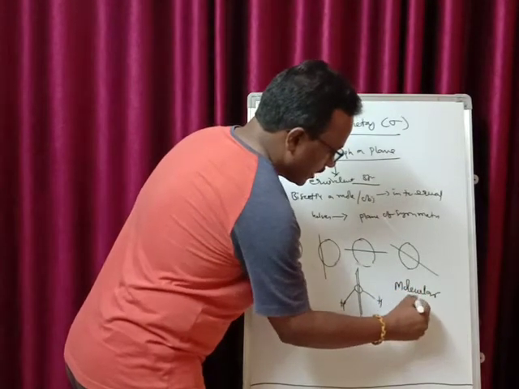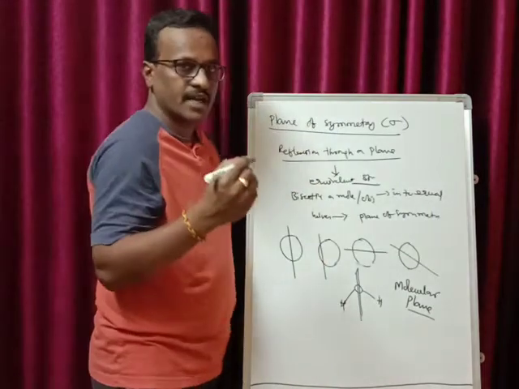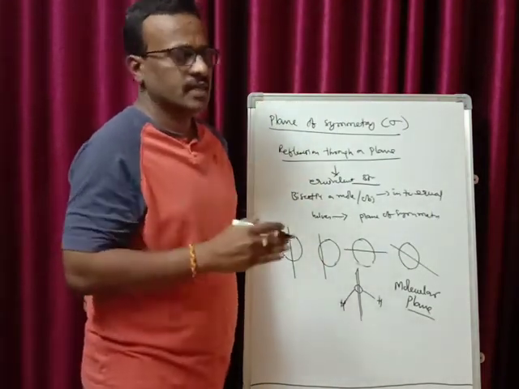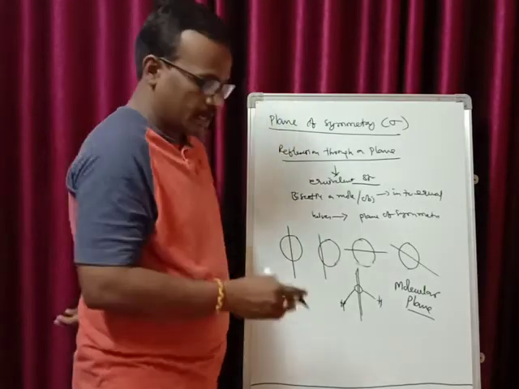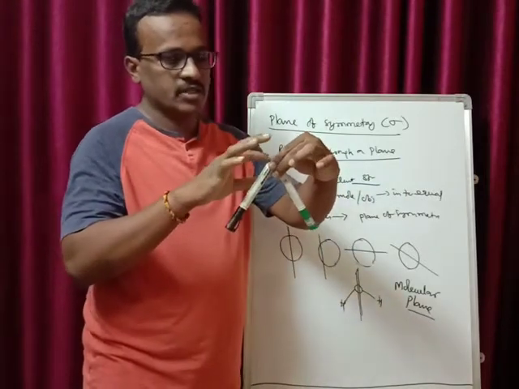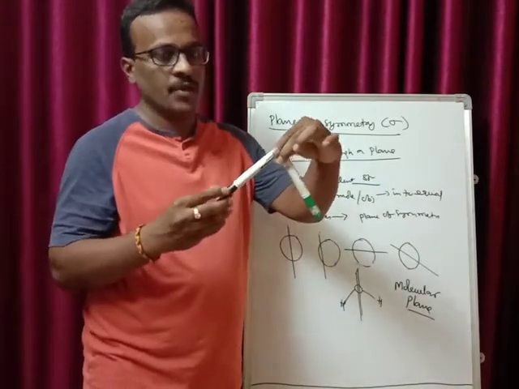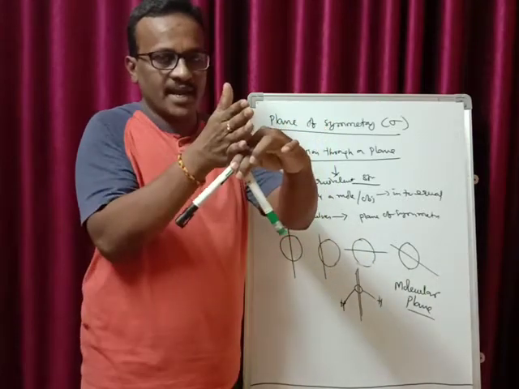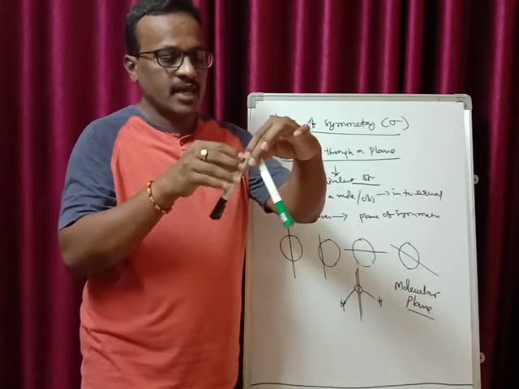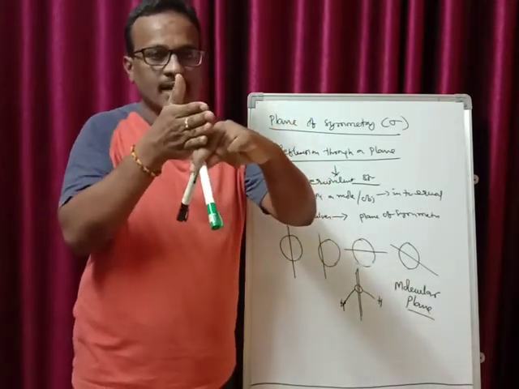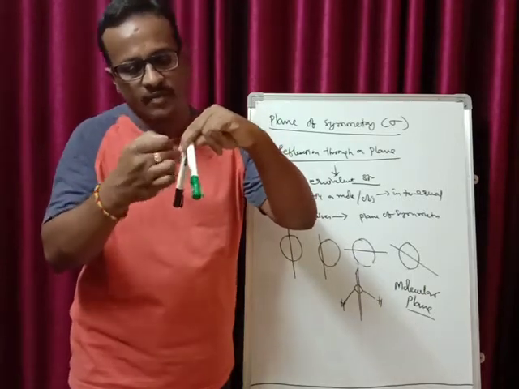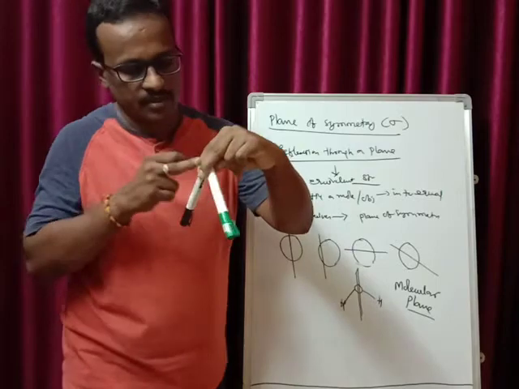The plane of symmetry which is passing through, touching all the atoms, is called the molecular plane. As a given example, the water molecule. In the water molecule, as we know, it has an angular shape, with oxygen in the center and two hydrogens at these positions. If you pass a plane like this, you get two equal halves. This is one plane of symmetry. The other plane of symmetry is that you can also cut like this, bisecting oxygen into two halves and hydrogen into two halves, cutting from the center, and similarly at the back side.